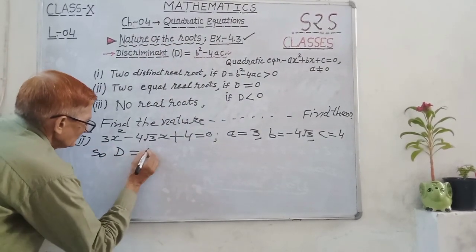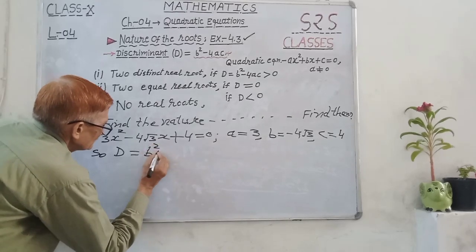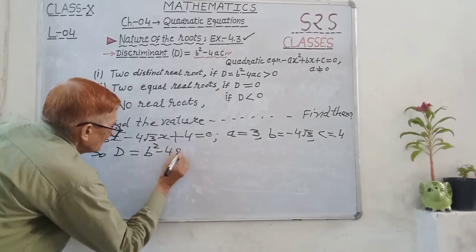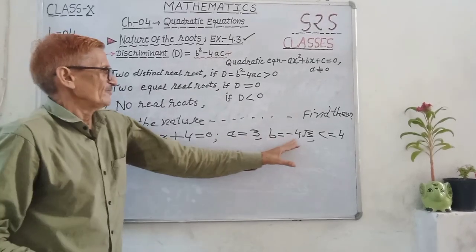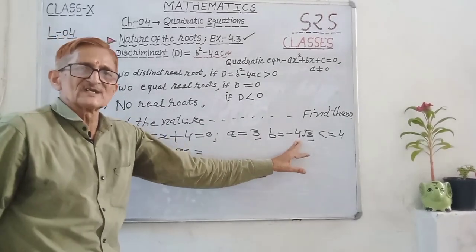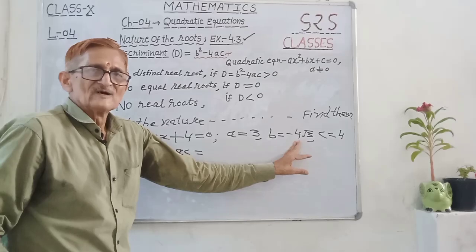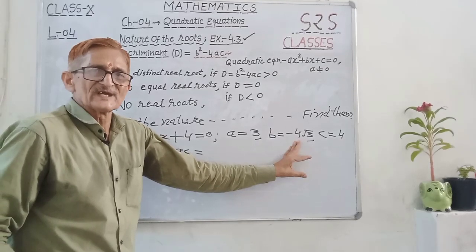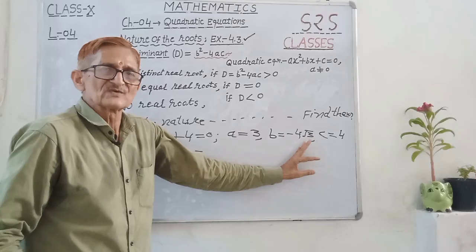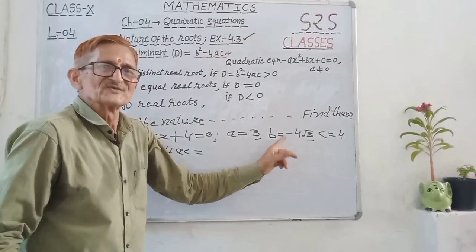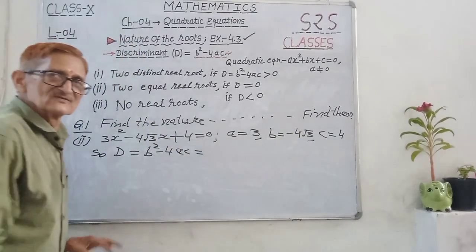Discriminant is equal to b square minus 4ac. b square is minus 4 root 3 whole square. Directly, the whole square of a minus, minus into minus product will be plus, and 4 square is 16 and root 3 square is 3. So 16 3s are 48.